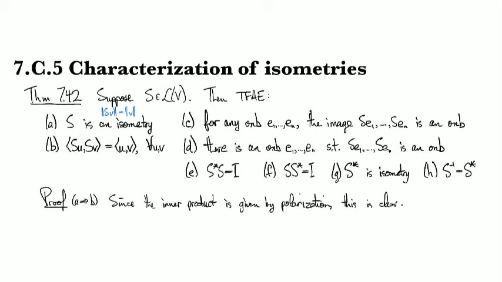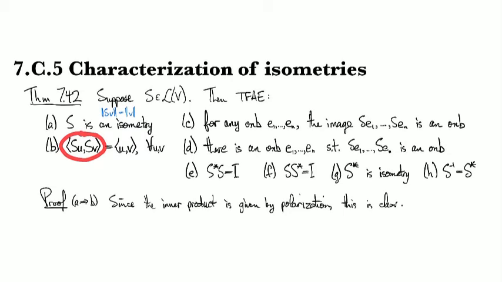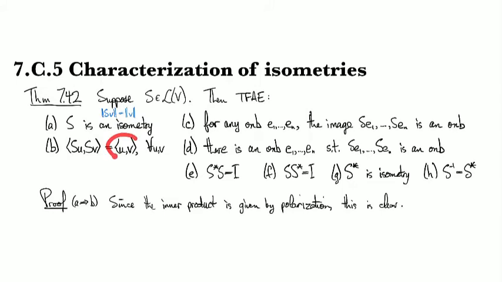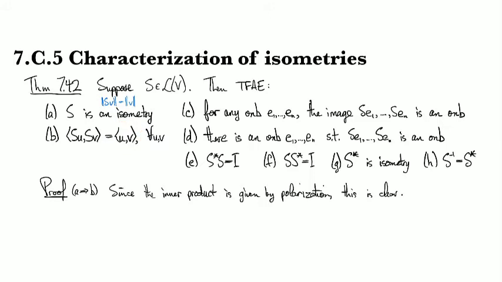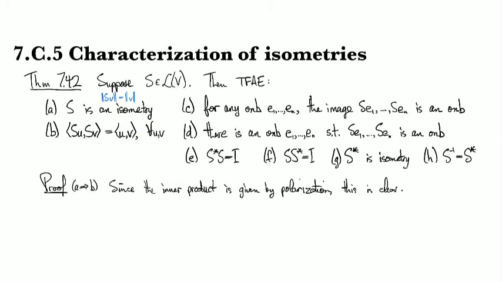What I mean is that if you write the inner product in terms of the polarization identity, then you can pull the S's out using this property right here, and you'll be left with the polarization identity version of this one. If that's at all unclear to you, I invite you to work out the details on your own. It's a short little exercise.